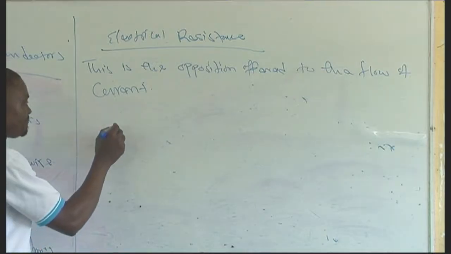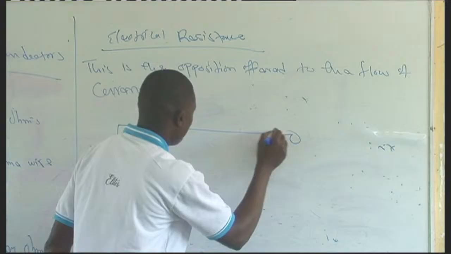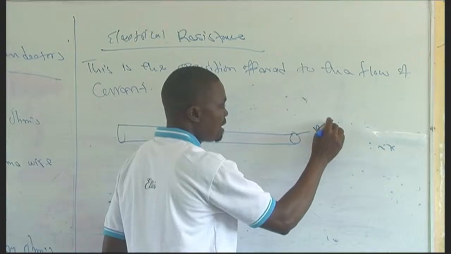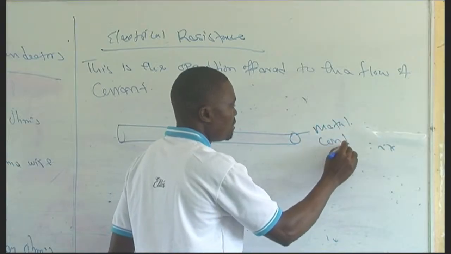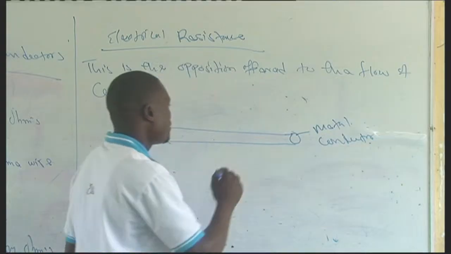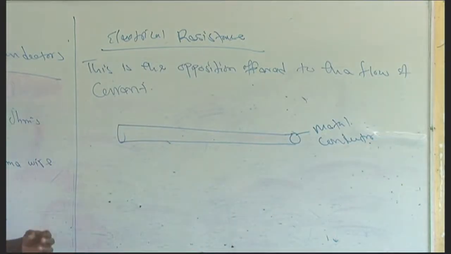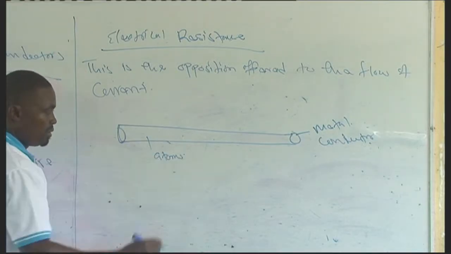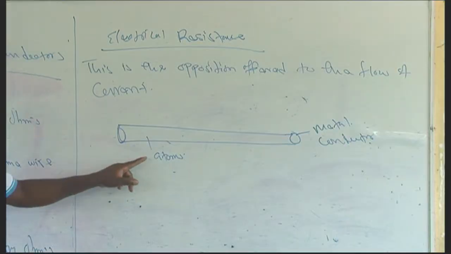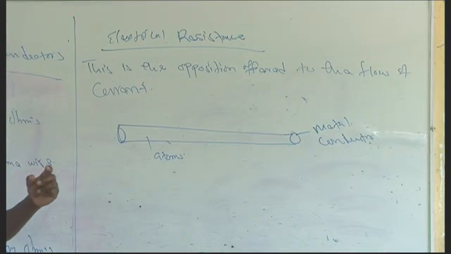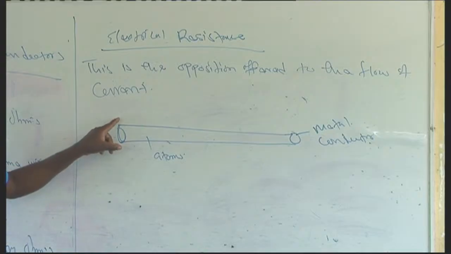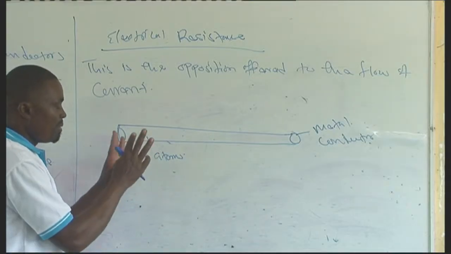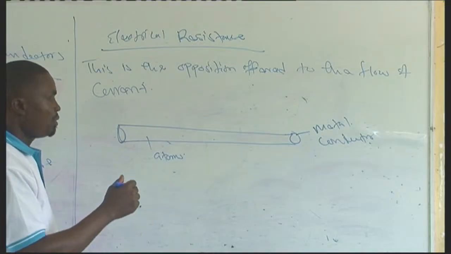Remember, if you have a conductor, a metallic conductor for example, this conductor has atoms in it. Now, these atoms may vibrate when the temperature of this metal is raised.